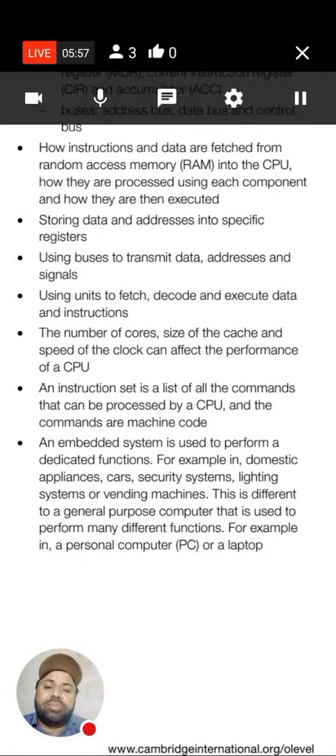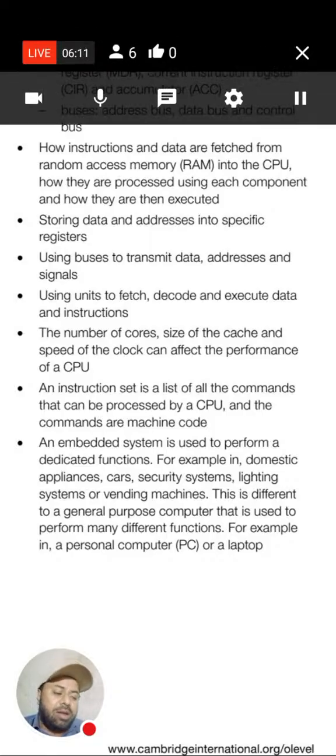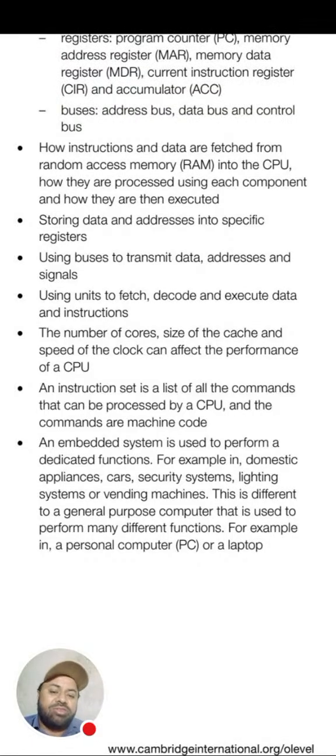Using each component, they are then executed. Execution means giving some output after execution, for example on the monitor. If we perform 2 plus 2, it must be executed, and the output will be given, and likewise for multiplication, division, and so on.